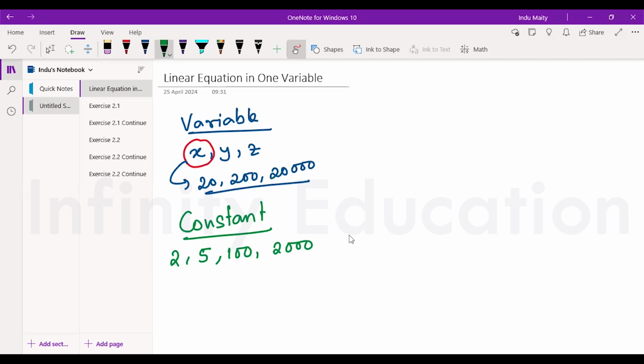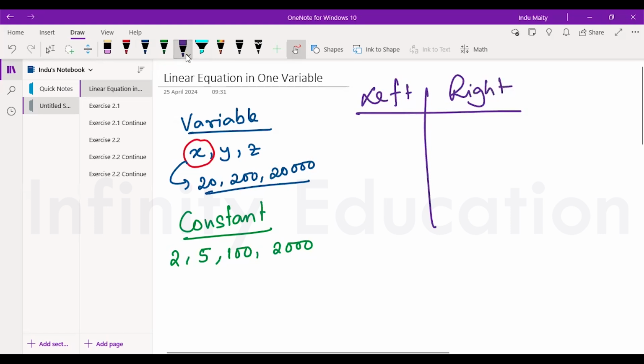Now, while working with an equation, we should know some basic things. I'm distinguishing between two parts, left and right. When something is positive on the left side and we take it to the right side, it will be negative.